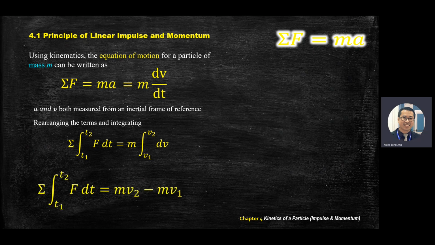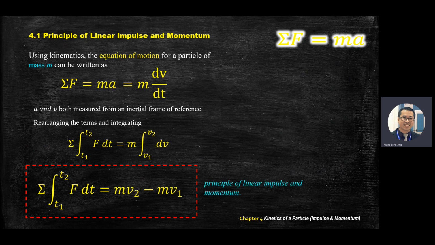You integrate, you get this equation: the integral of F dt equal to m times v2 minus v1. This is called the principle of linear impulse and momentum. Pay attention to linear. What do I mean by linear? You learned in chapter 1, linear means moving in a straight line.